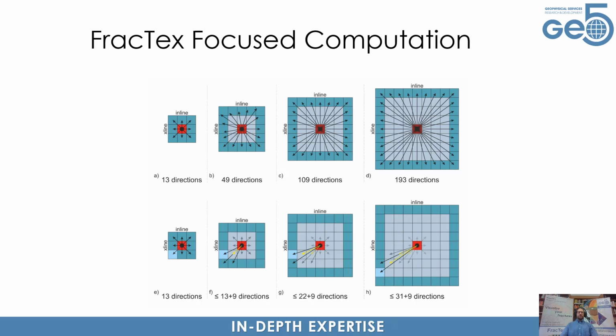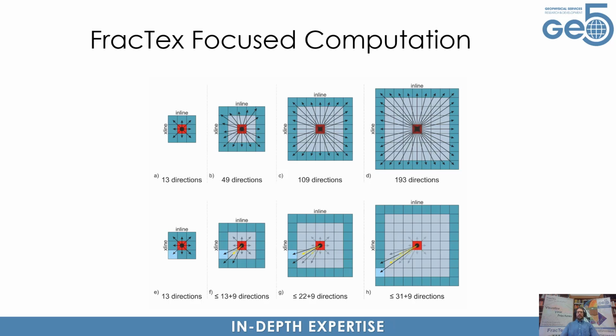Then for the higher direction computations, we only use cells that are neighboring these cells with the highest or lowest values. So for the 49 directions, we can reduce to around 21 directions, depending on the position where the first result was.